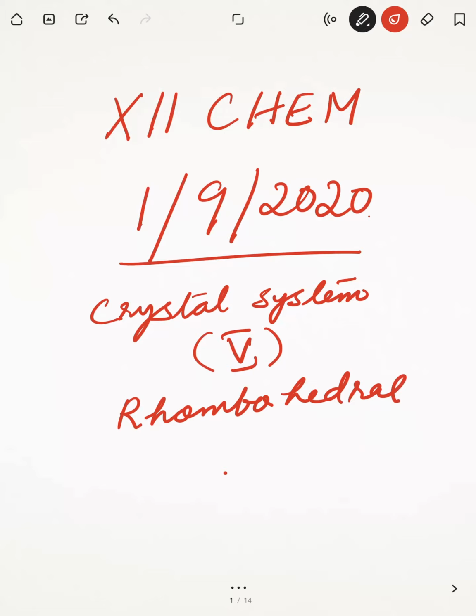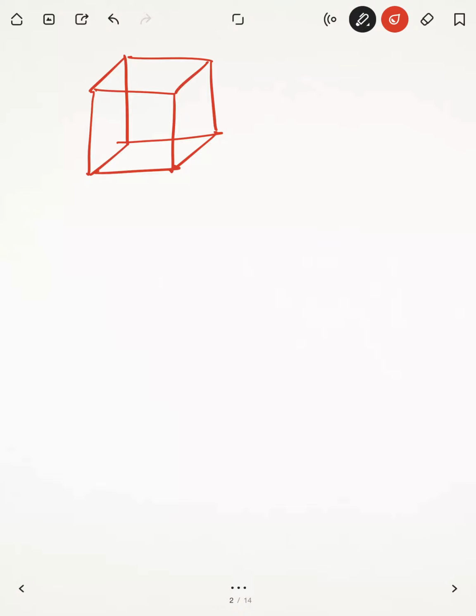Now consider that cube. I am drawing this cube. You press this cube from all the sides, meaning you can press from this side and the front side together, from this corner.